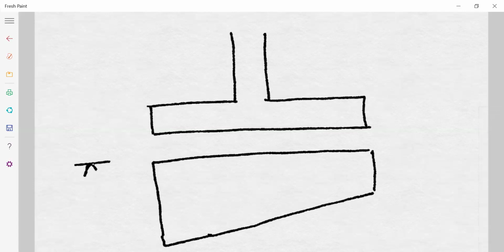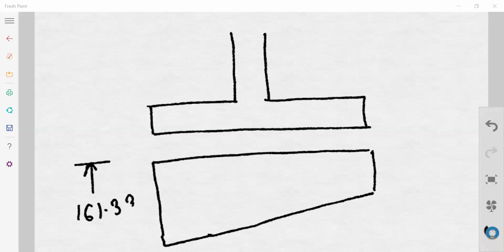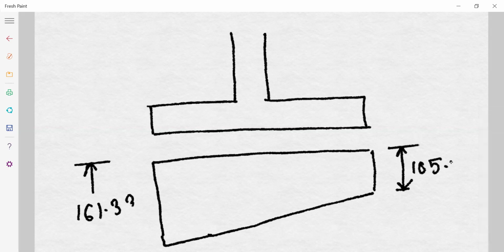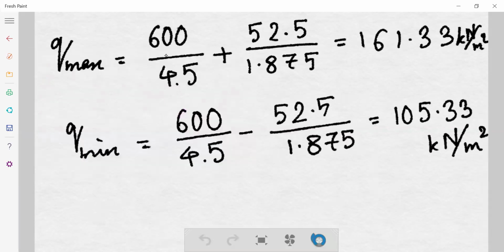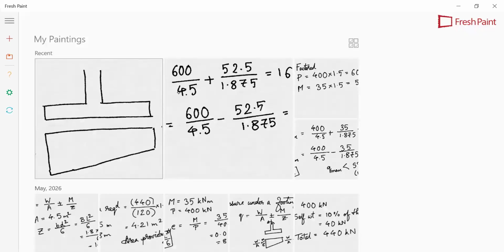This will be 161.33 on the left side. Then on the right side, it will be 105.33. Let me just recheck the values. 161.33 and 105.33.